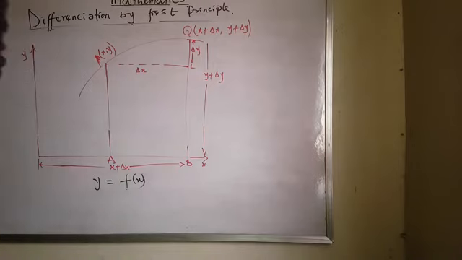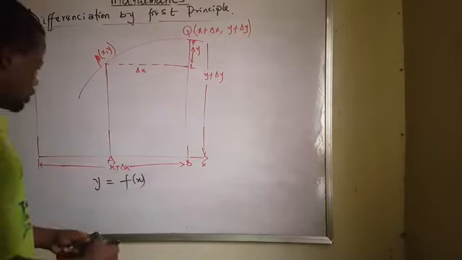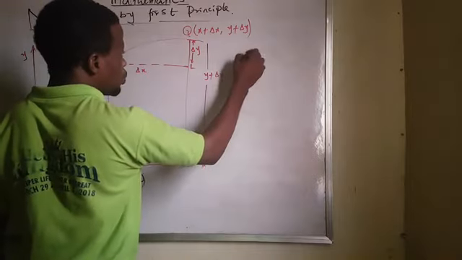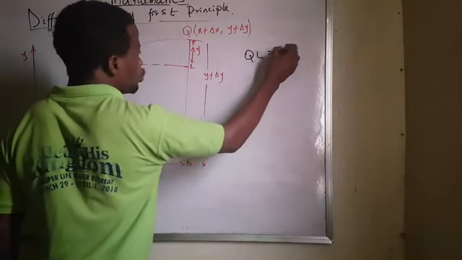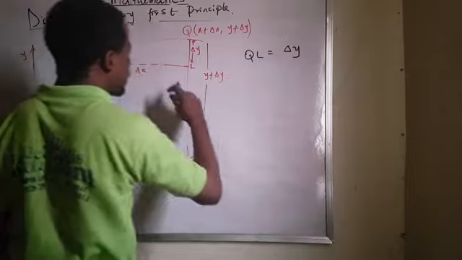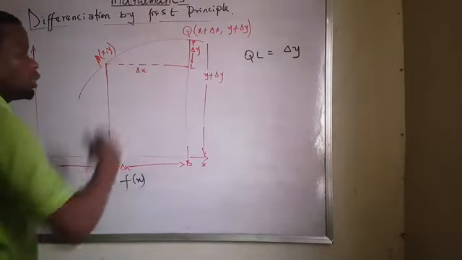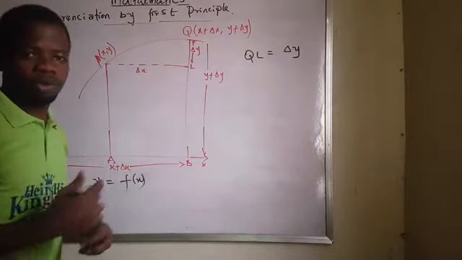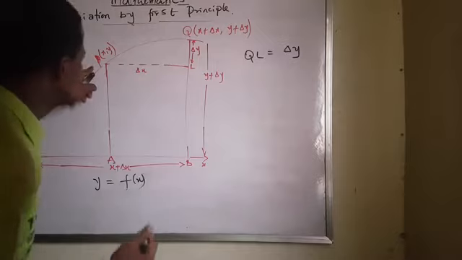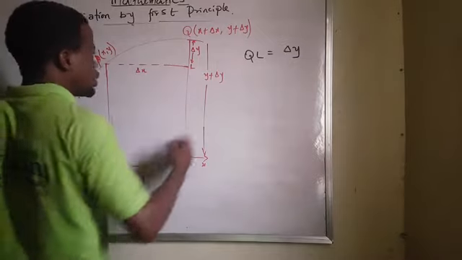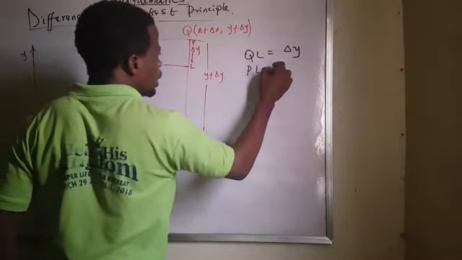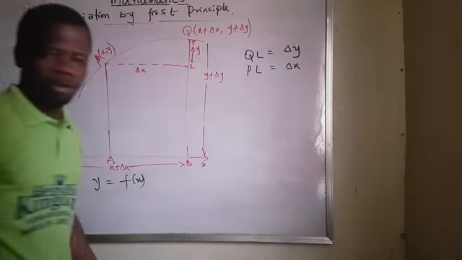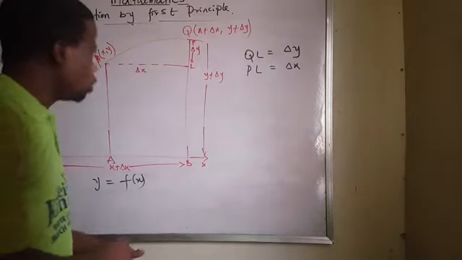If we observe this, you have QL equal to change in y. From here to here is change in y, that little increase. Then PL is change in x. Are you following me? Good.